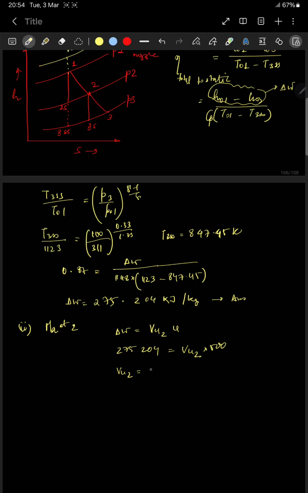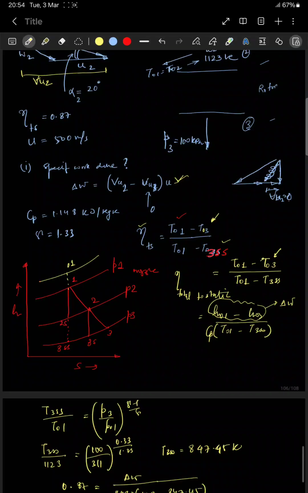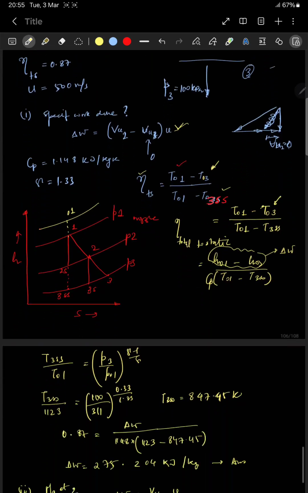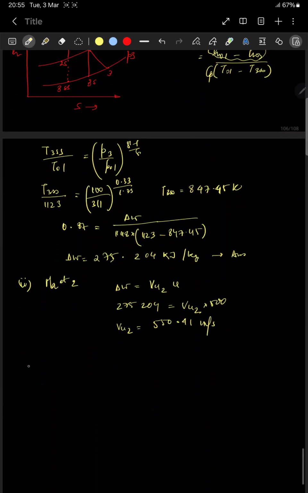So VU2 is 550.41 meter per second, right? From here we can find out V2, since the angle is 20 degrees. So this is 20 degree. We know this VU2.